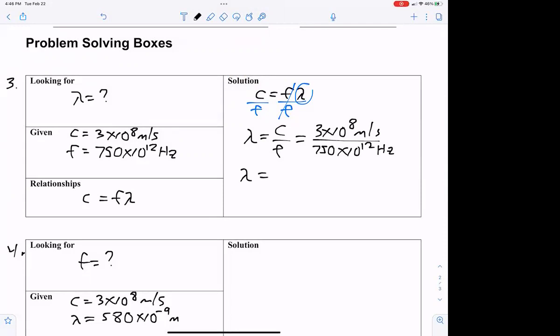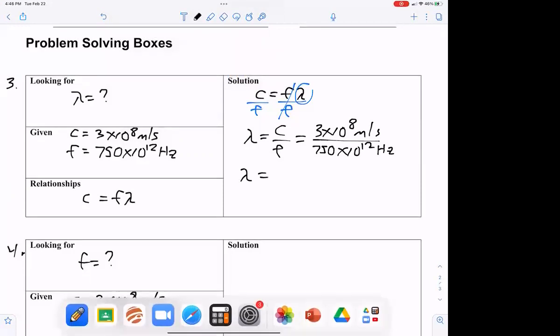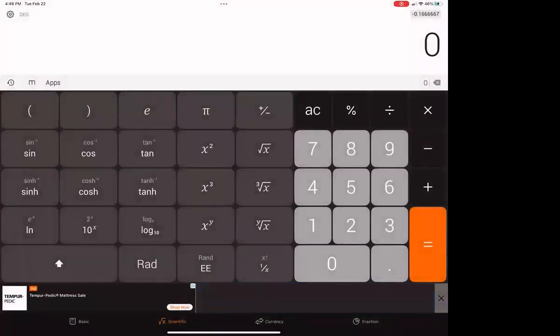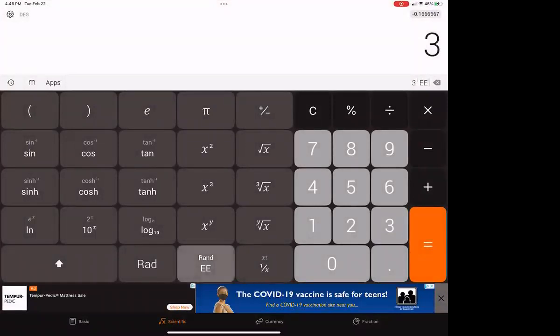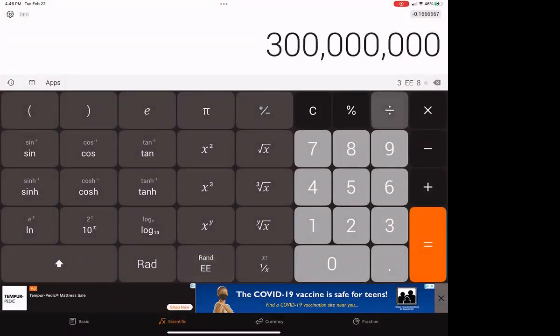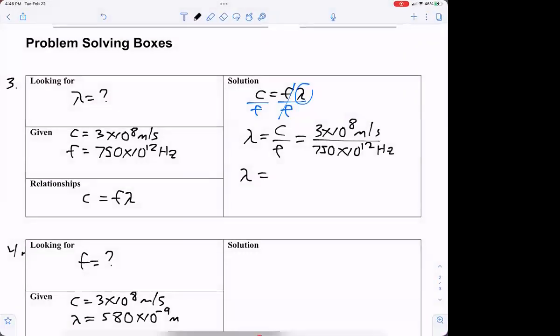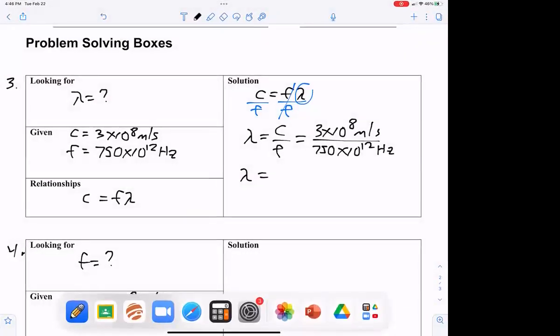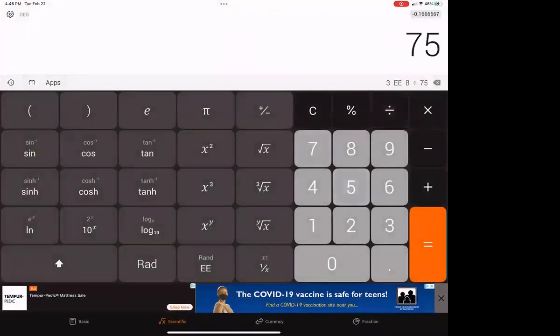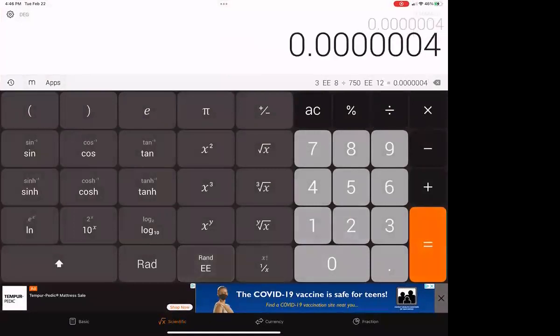Okay, let's go put this in our calculator. We're going to go 3 times 10 to the 8 divided by 750 times 10 to the 12. Okay, very small wavelength.